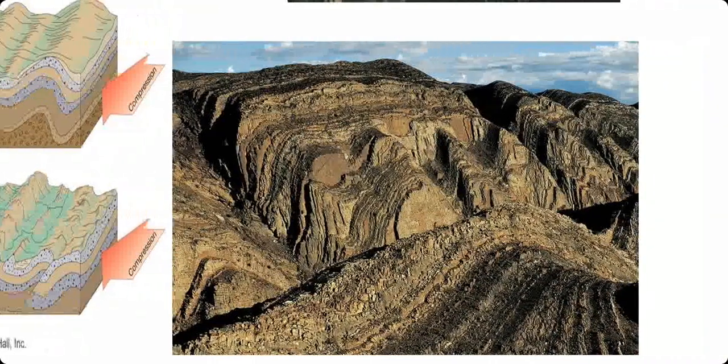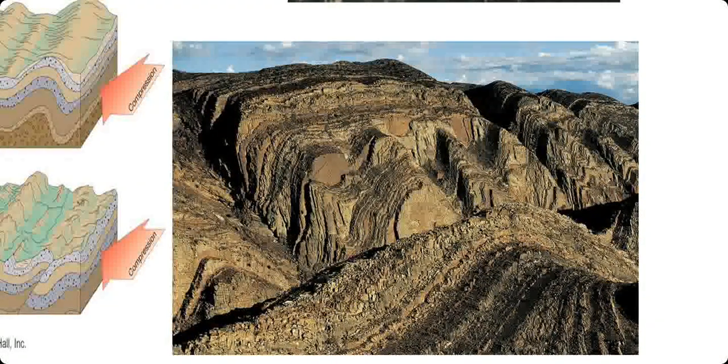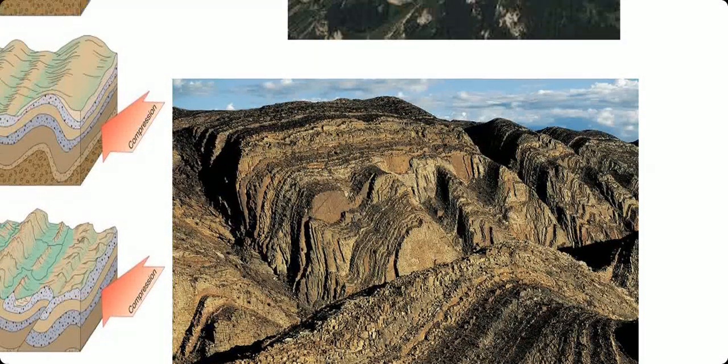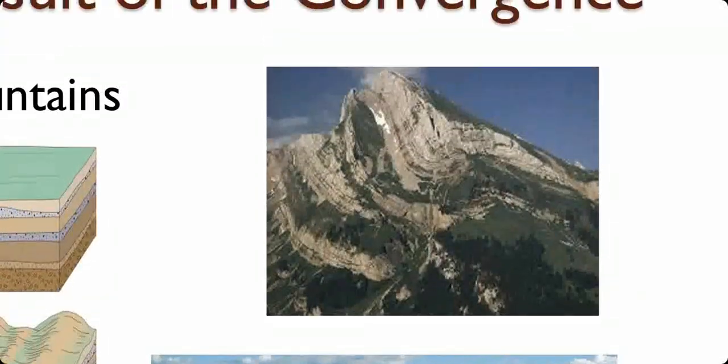Now have a look here. These mountains show the folds very clearly. When this folding took place, it was a slow process over thousands of years or lakhs of years. It did not crack the mountains, but only folded them. Here's another example of it.